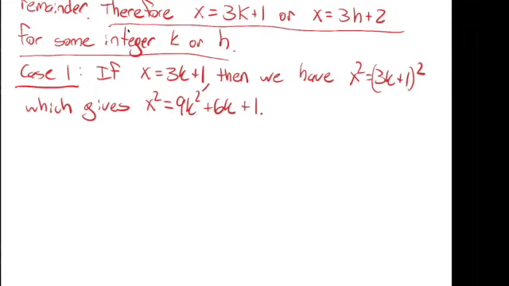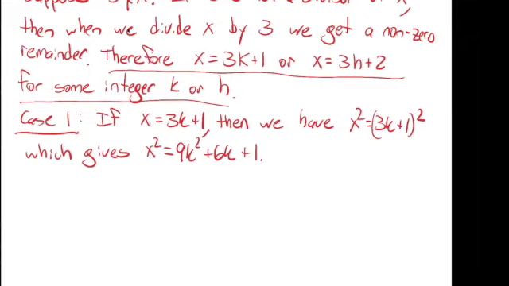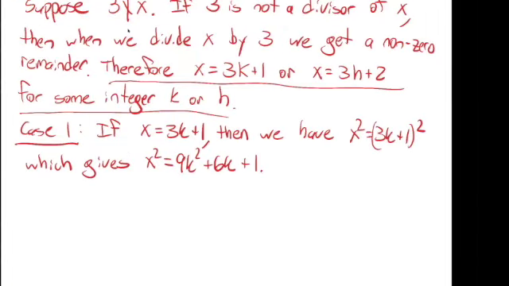Replace it with k? What do you mean by that? Try and factor 3 out? Yeah, so we can use the same idea: if we want to show that x squared is not divisible by 3, it's sufficient to show that it can be written as 3k plus 1 or 3h plus 2.